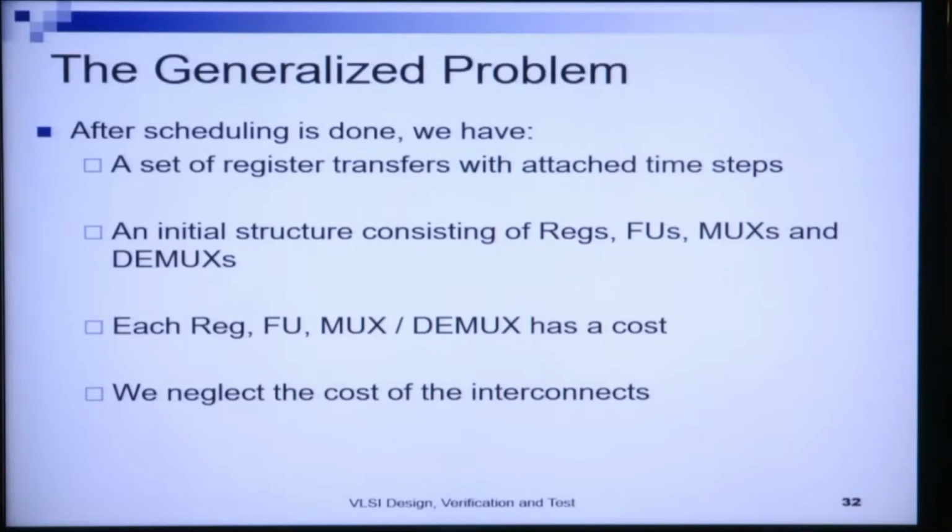The generalized post scheduling problem may be posed as follows. After scheduling is done, we have a set of register transfers with attached time steps. We know an initial structure of the registers, functional units, muxes and demuxes, say. That means we have done an initial register allocation, functional unit allocation, mux and demux allocation by, say, our heuristic graph coloring algorithm that we studied in the last module.